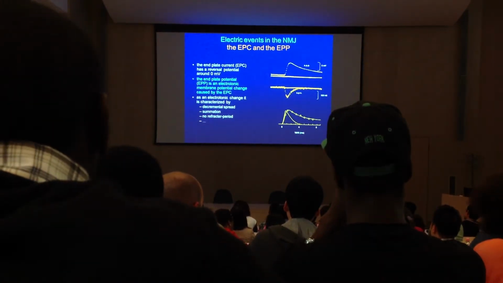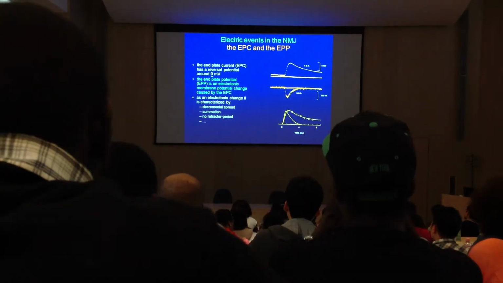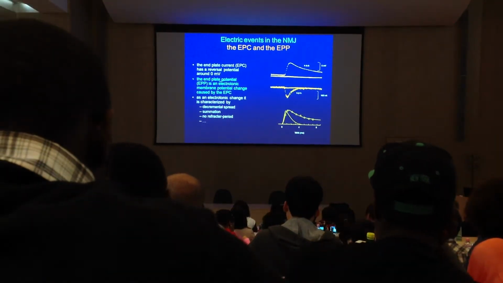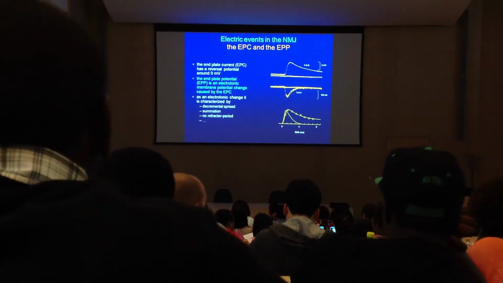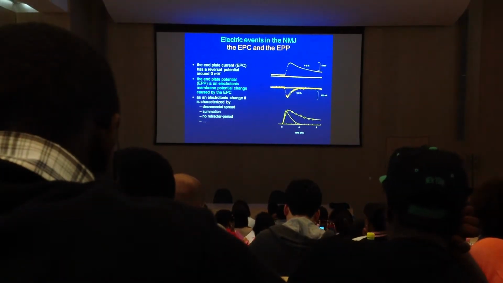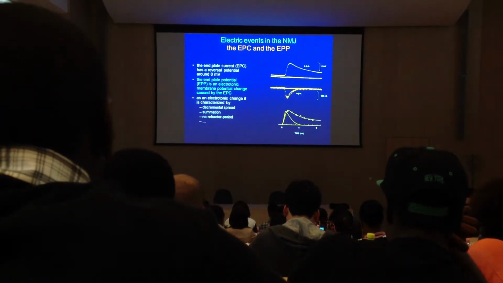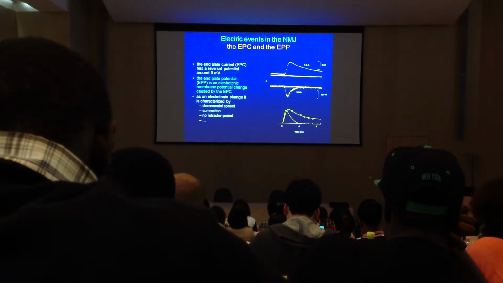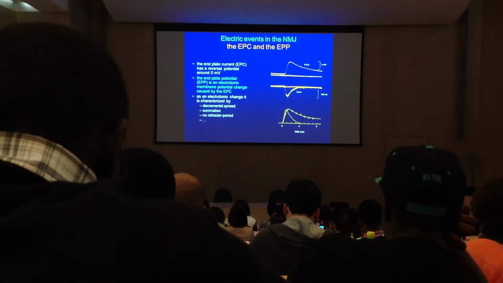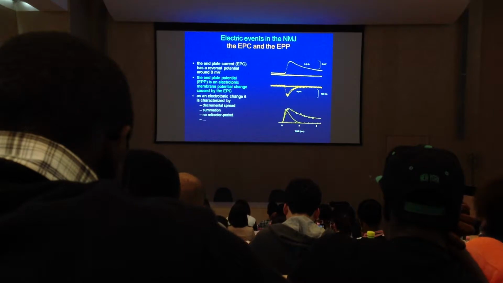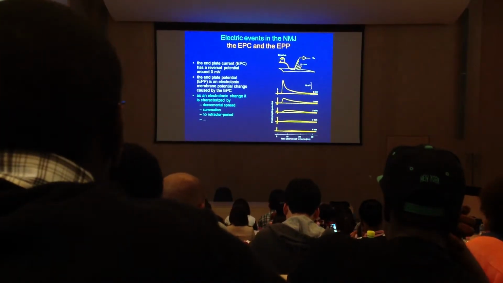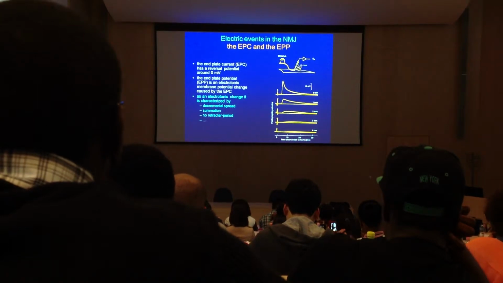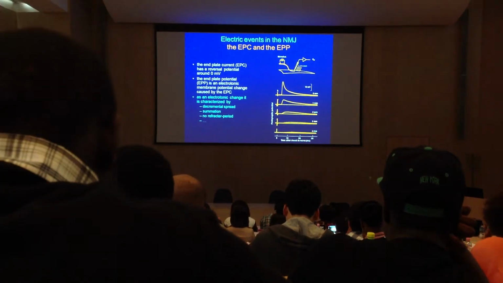So, what else can we say? Well, we can show that this end plate potential is a simple electrotonic membrane potential change. So at the level of the end plate, no action potential is generated. Only an electrotonic potential change, that is, the current goes in and a depolarization follows. And since this is an electrotonic change, it can be characterized with everything that you have learned for an electrotonic potential change.